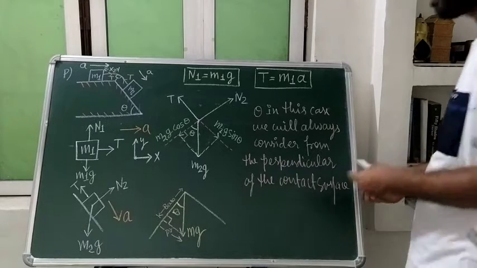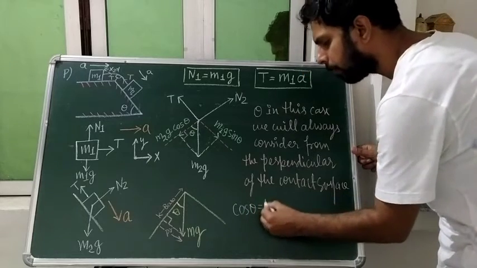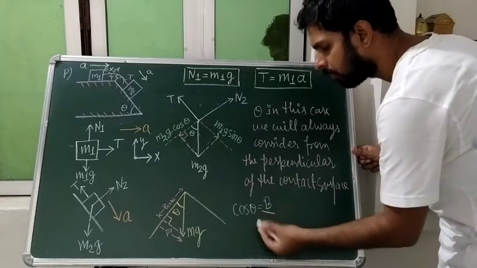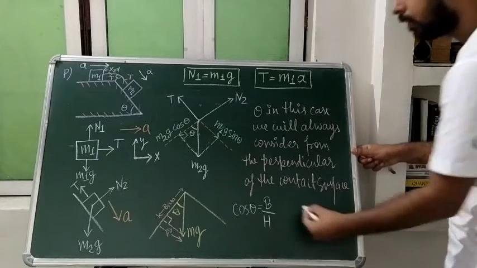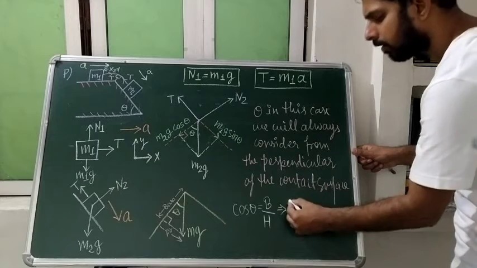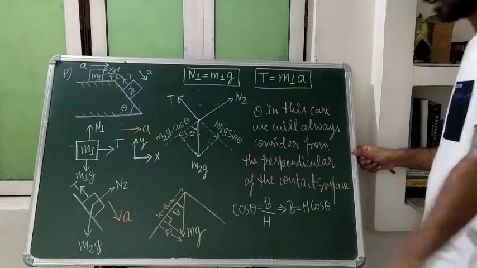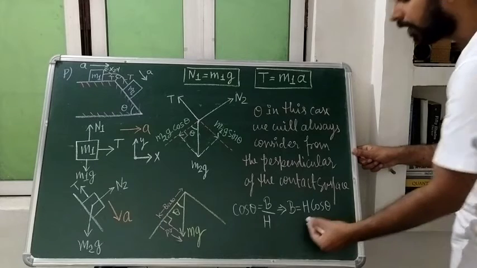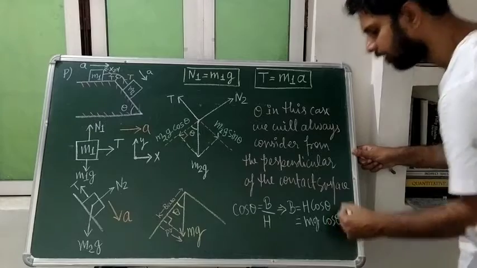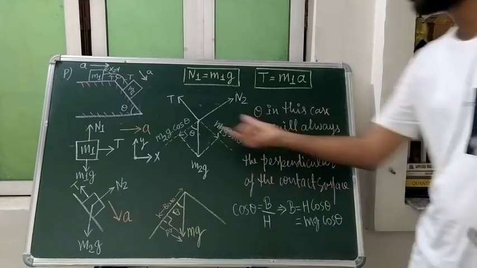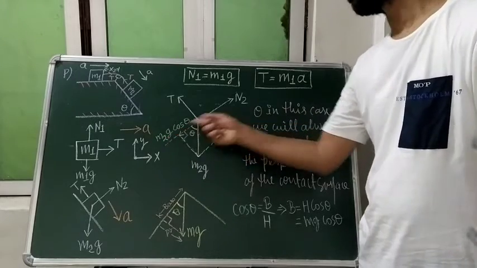So if I am talking about cos theta, student, cos theta is what? Base upon hypotenuse. So base will be hypotenuse times cos theta. And what is hypotenuse? m2g cos theta. So on the base side we are getting m2g cos theta, isn't it?